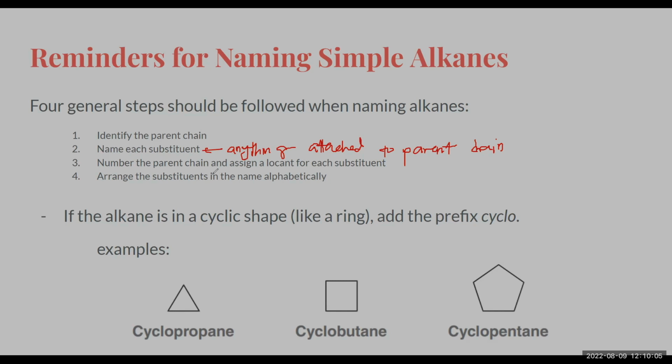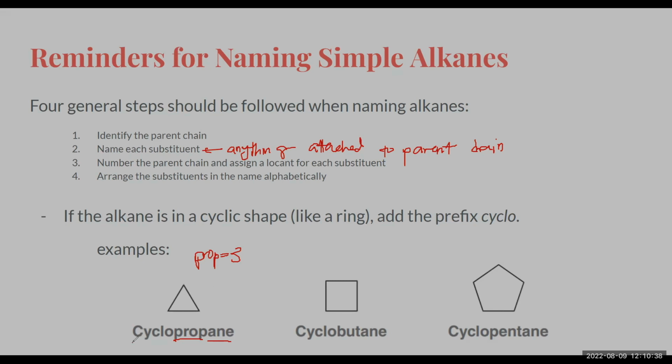However, if the alkane is in a cyclic shape or like a ring, you'll want to add the prefix cyclo. So if we look at these bottom examples, going back again, we have cyclopropane. If you look at our previous slide, prop means 3. And ane means that we are working with strictly an alkane, so there are no double bonds or triple bonds, which I'll go into in a moment.